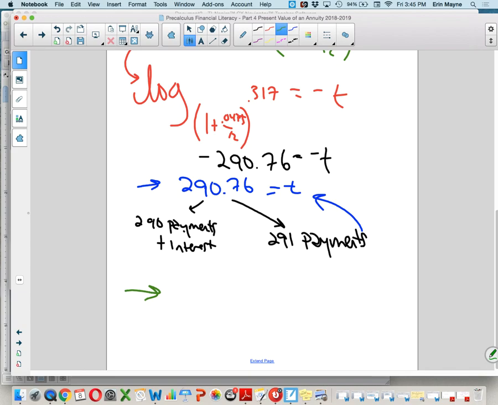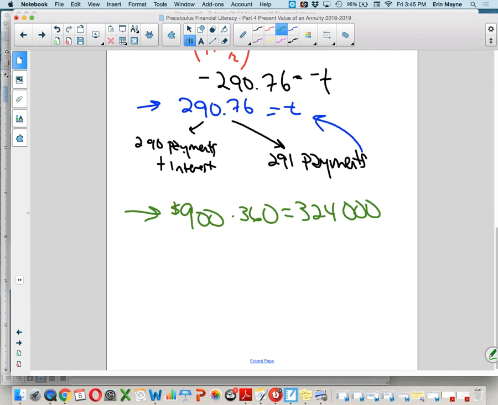When I think about my $900 at the beginning of the problem, we paid $900 360 times. And so we paid $324,000. So one question would be exactly what I just said. This here is your total payment.